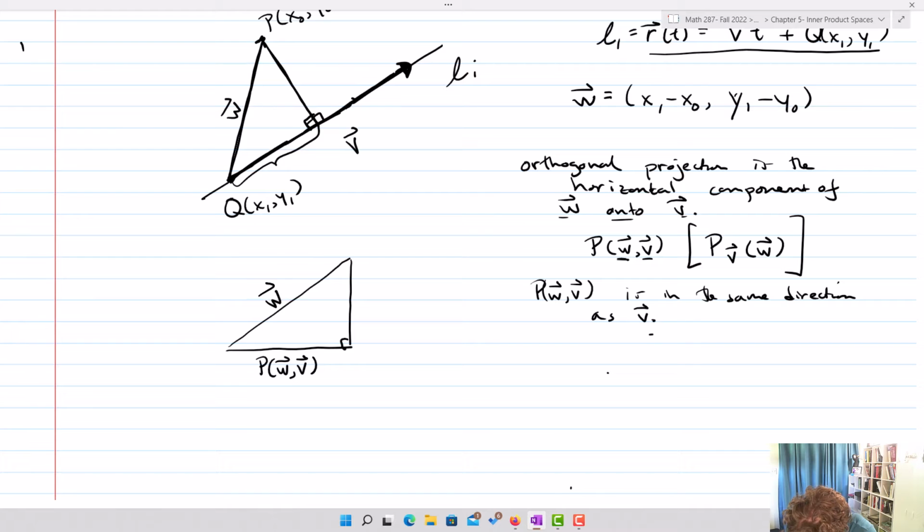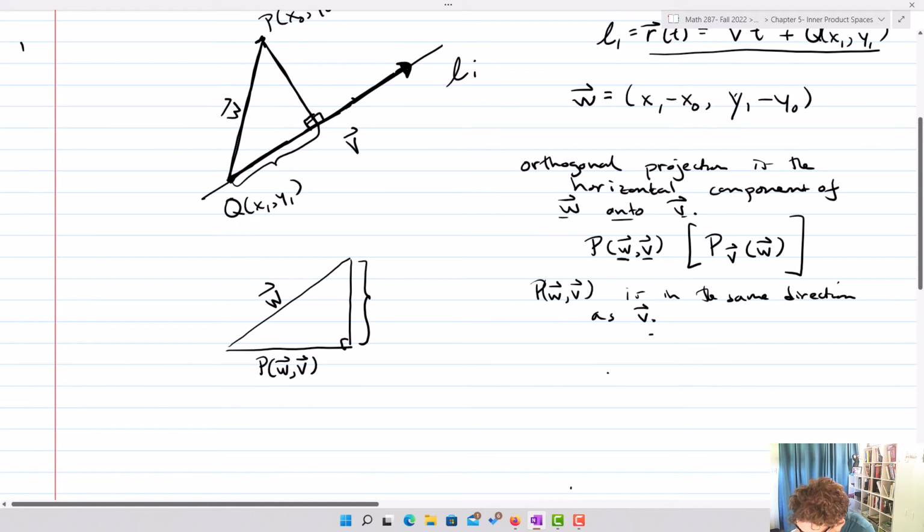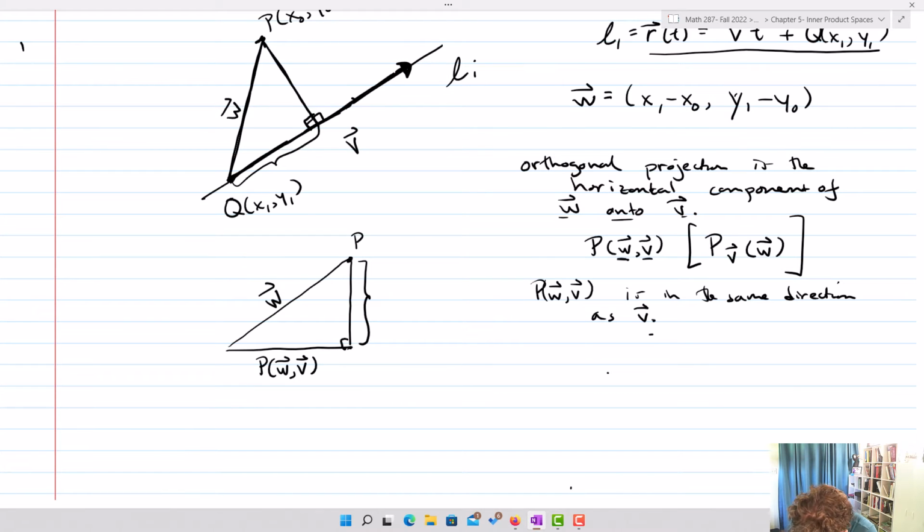Here's W. And then this length, which is actually what we're looking for. Remember, we want to find the distance from P onto L. This length here is going to be W minus P of WV. Or that's what that vector is, and its magnitude, okay, the magnitude of W minus P of WV is the distance we're looking for.